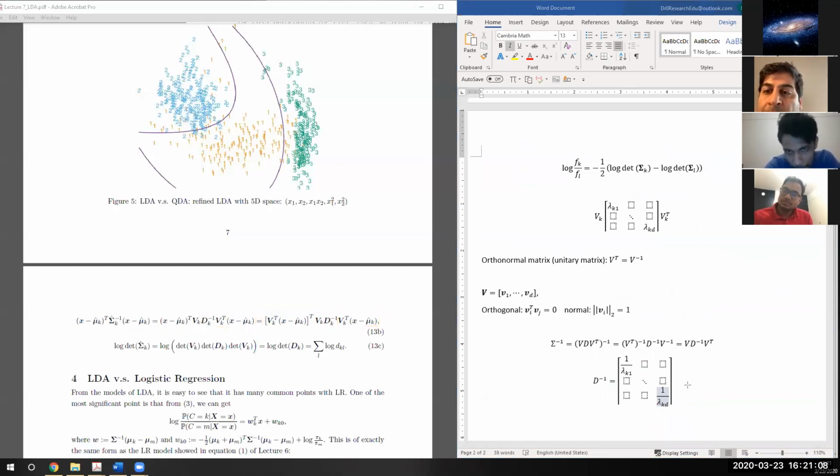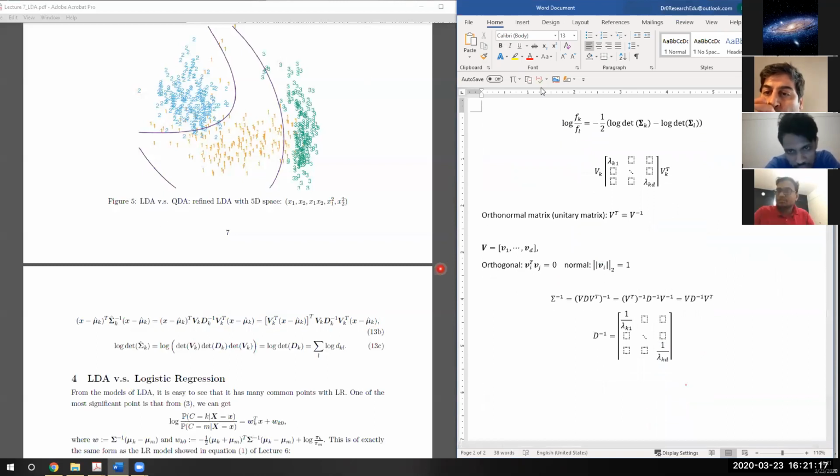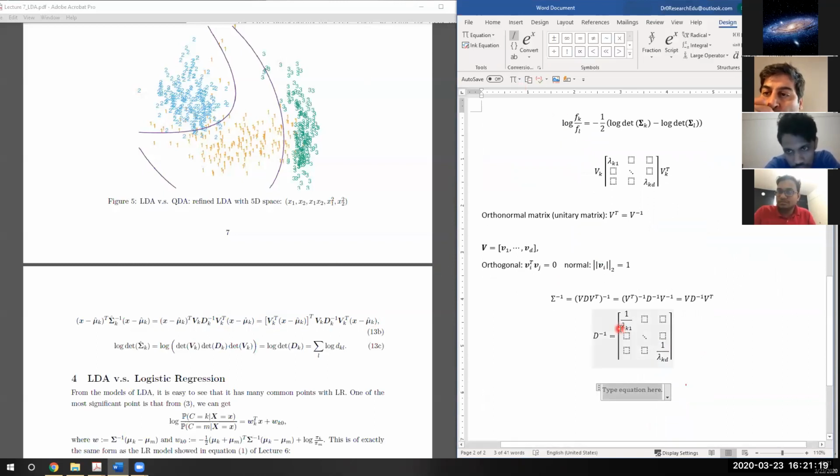Clear all drawings, and oh my goodness, I have to choose back. Every time I have to switch. You can further decompose it in this way, so that it equals (x minus mu) transpose, sigma inverse, (x minus mu).